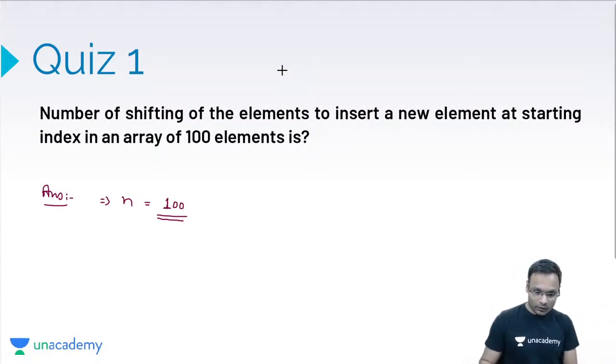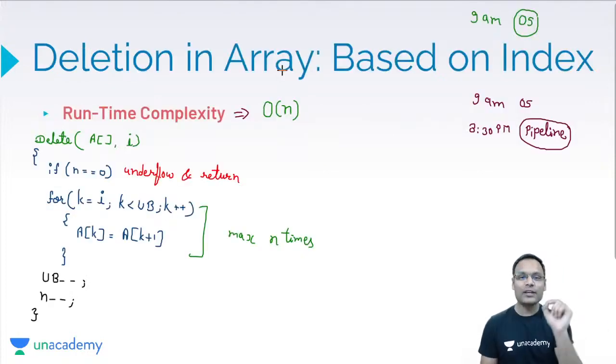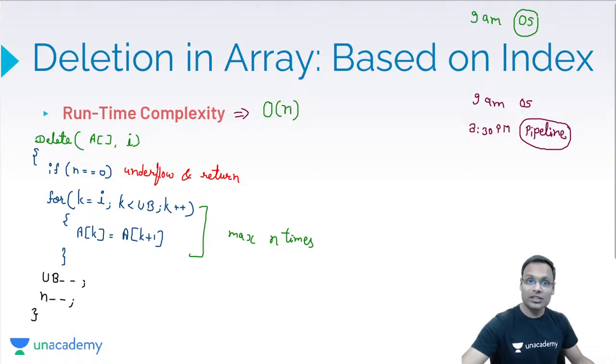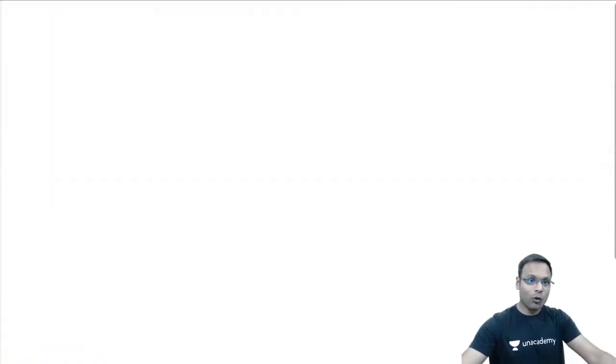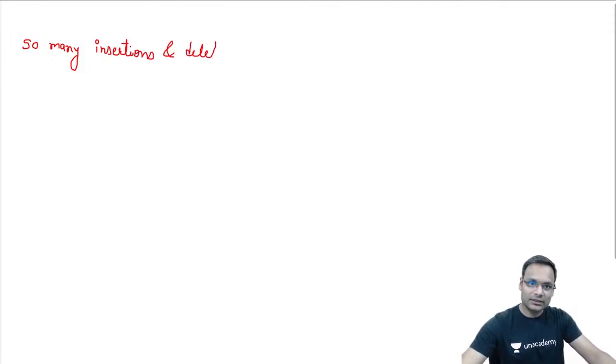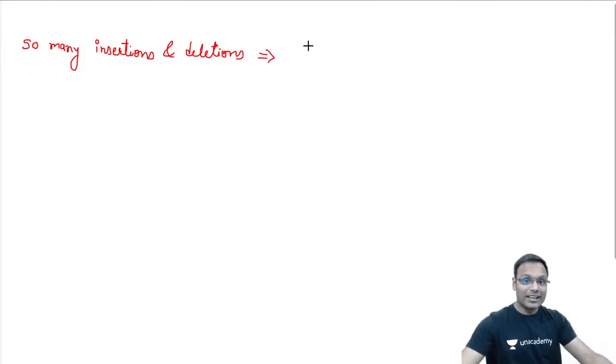Fine. Okay, now the answer, you got it. Now let me explain where these two methods are used. If you want to have so many insertions and deletions, then you will always use what?